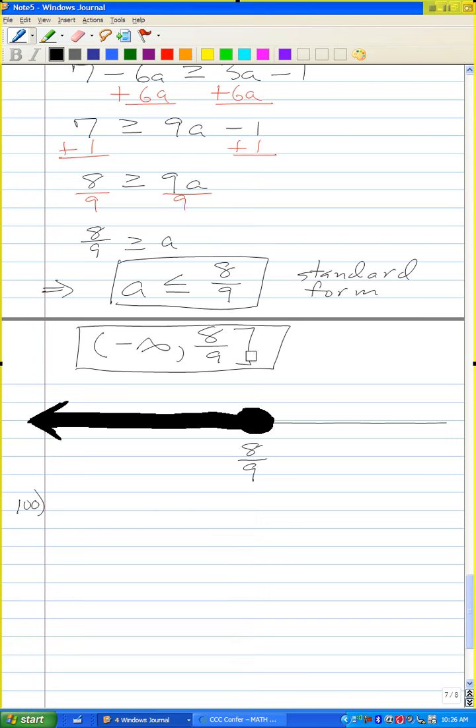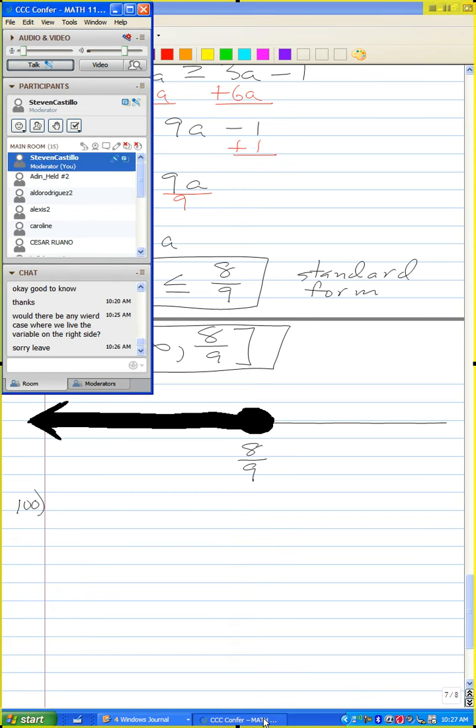So this one, going from here to here. Notice that these are all numbers less than or equal to 8 over 9. And so it includes everything less than 8 over 9 and includes 8 over 9. Therefore, it includes everything from negative infinity to 8 over 9, and it includes the 8 over 9, so that's why it's a closed interval.